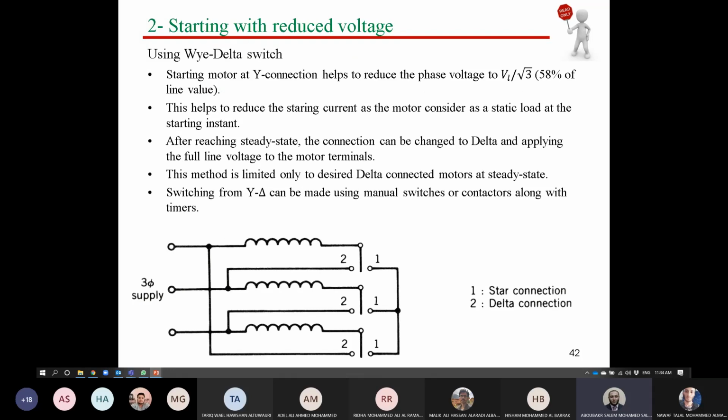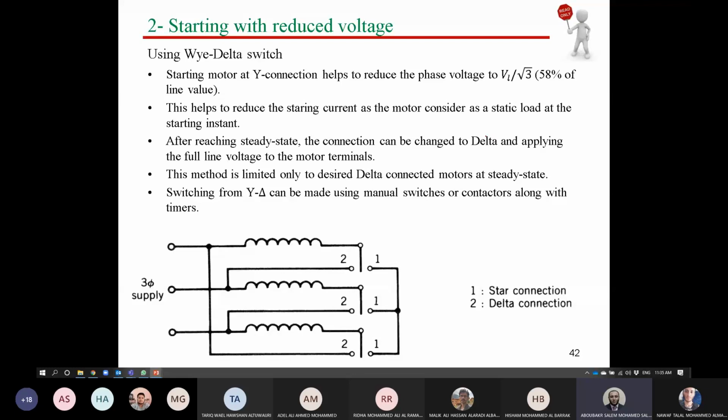Star delta switch can be made also manually or using classical control by using contactors and timers as well. Okay? Star delta switch, the main idea is to start the machine by connecting the motor as a star.